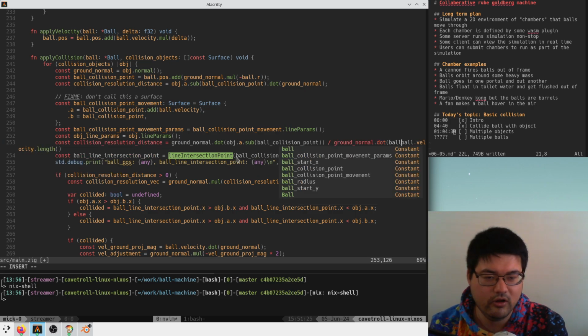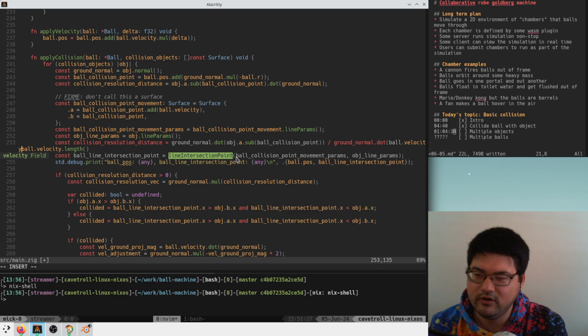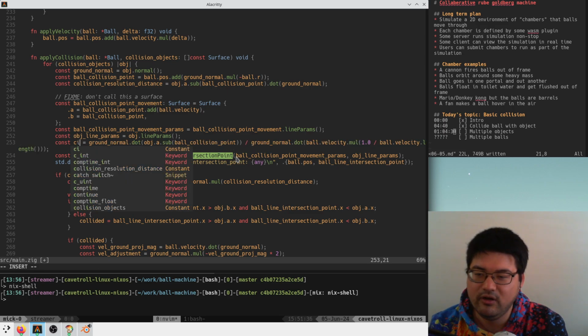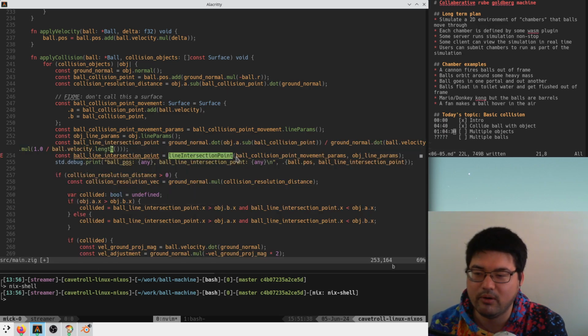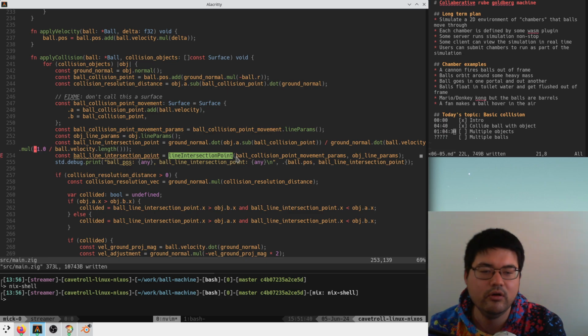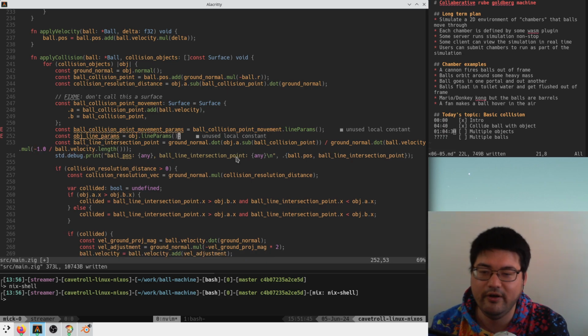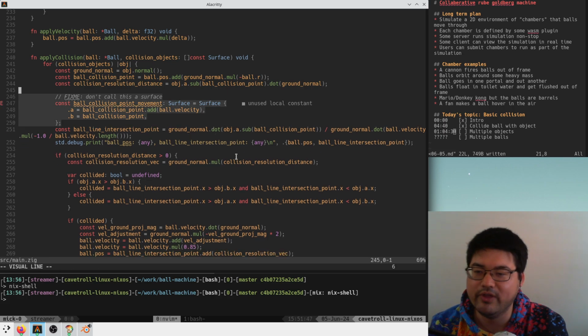So ball velocity times one over the length. Yes. And this is the ball line intersection point, and then I think this has to be negative. We can try it. It'd be cool if that worked.